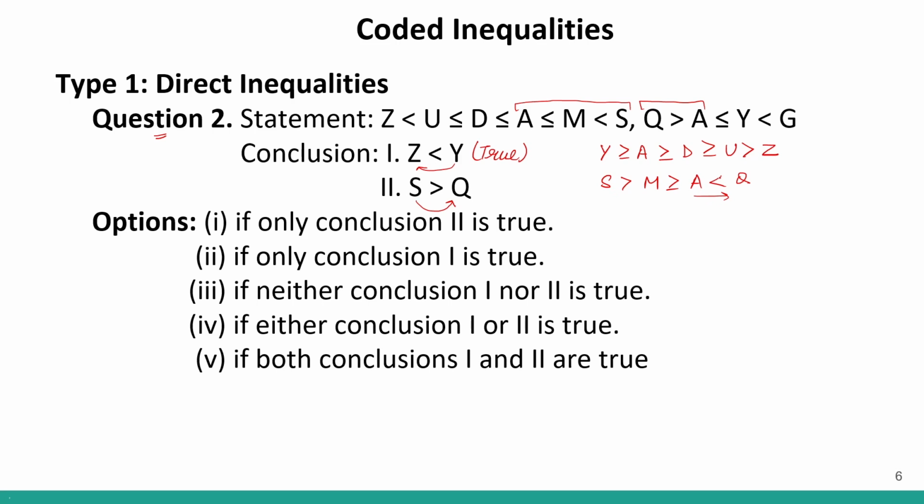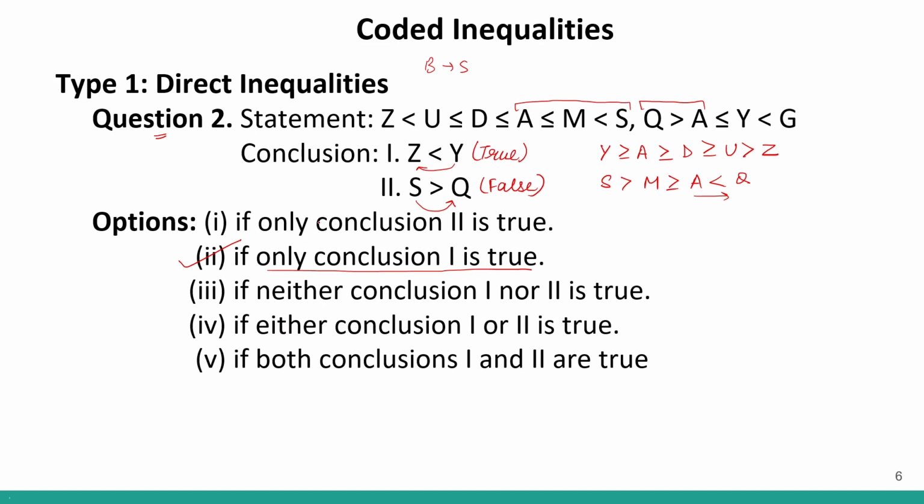No, because here we have a smaller door and we move from bigger door to smaller door. So here I cannot proceed further, therefore this conclusion will be false. So my answer will be that only conclusion 1 is true. This is given in option number 2. Therefore option number 2 will be the answer.